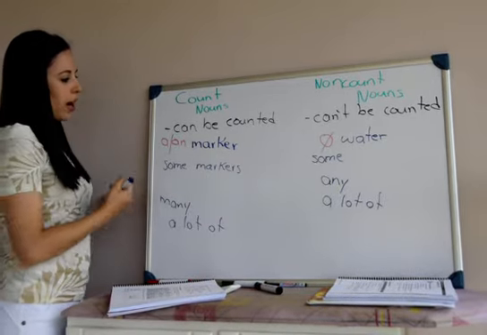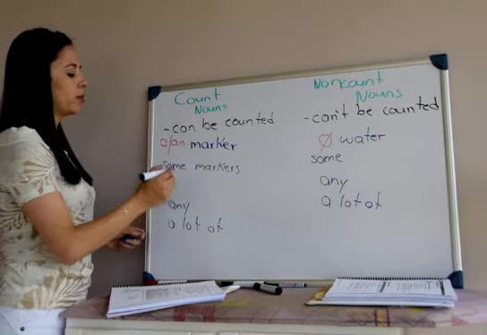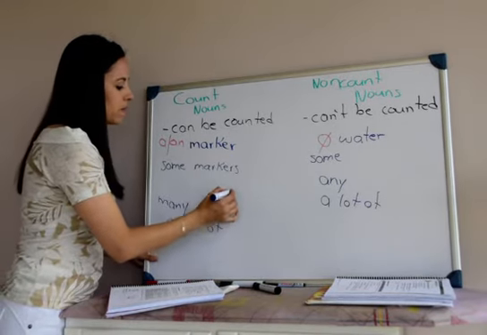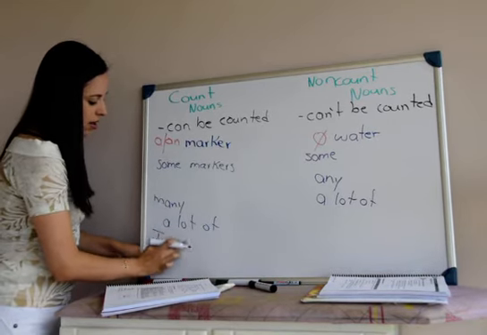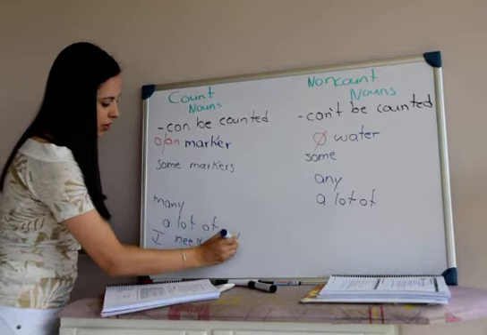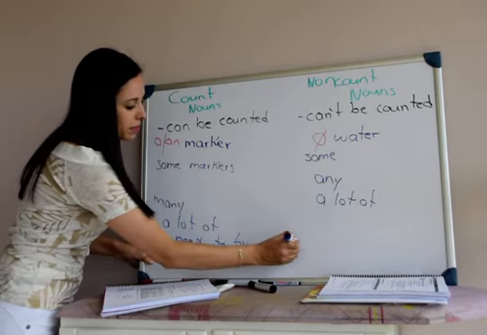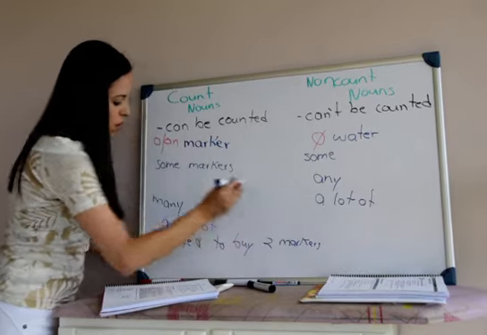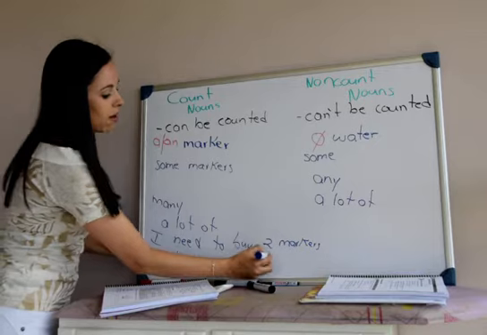Okay, so when you are talking or using nouns in a sentence, you need to remember that. If you want to say a sentence, you can say something like, I need to buy 2 markers. Or you can say, I need to buy some markers.